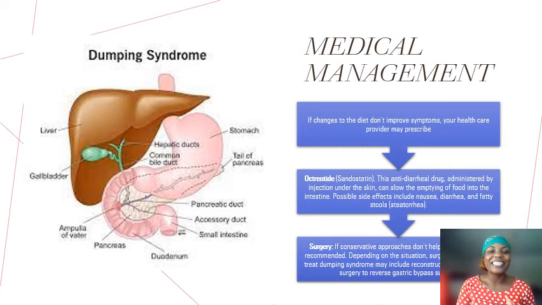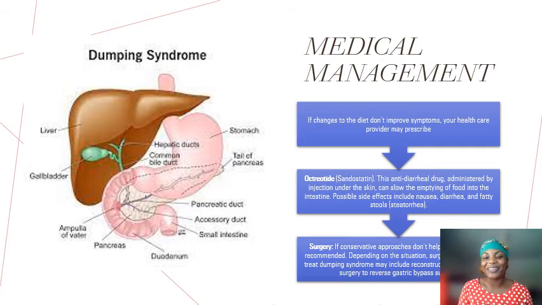So if changes in the diet don't improve symptoms, your healthcare provider may prescribe octreotide, the other name of which is Sandostatin. This anti-diarrhea drug, administered by injection under the skin, can slow the emptying of food into the intestine. Possible side effects include nausea, diarrhea, and fatty stool.